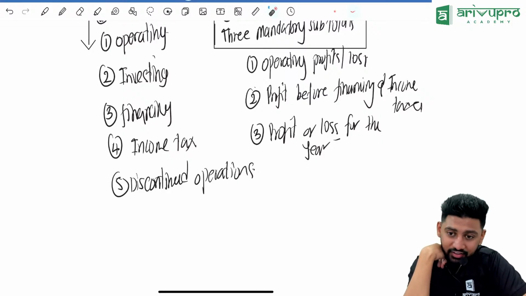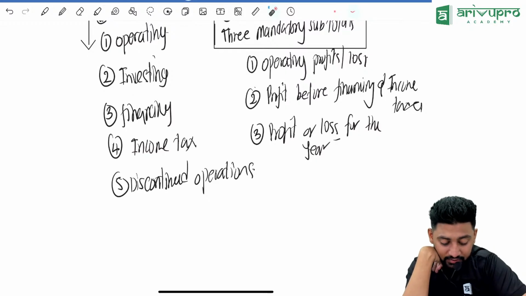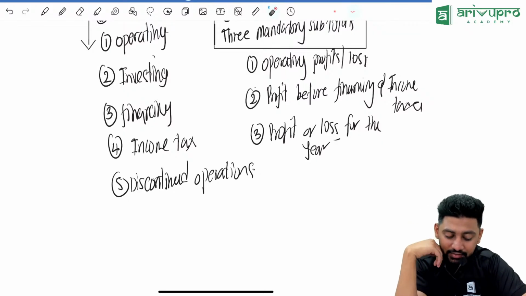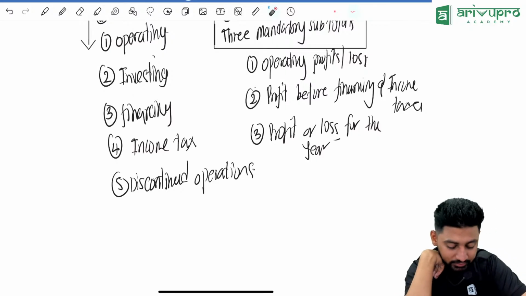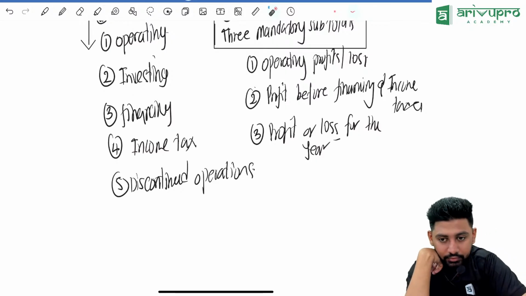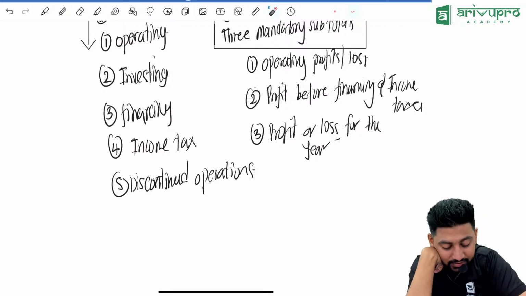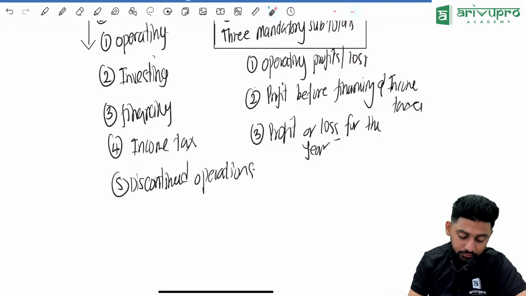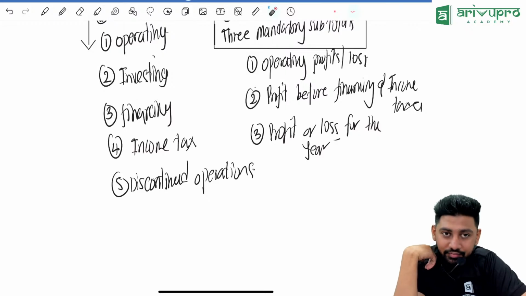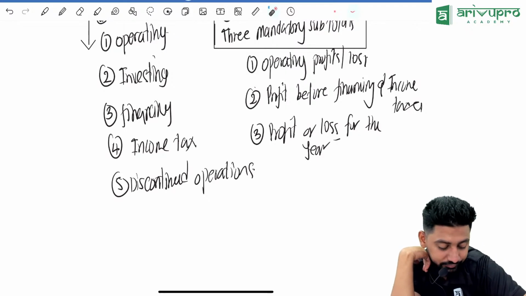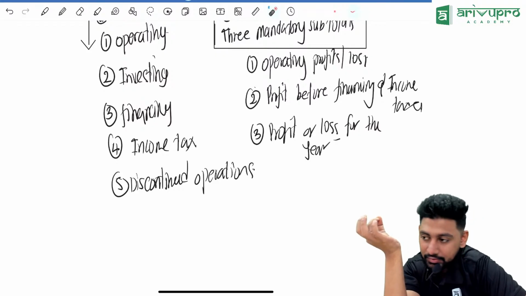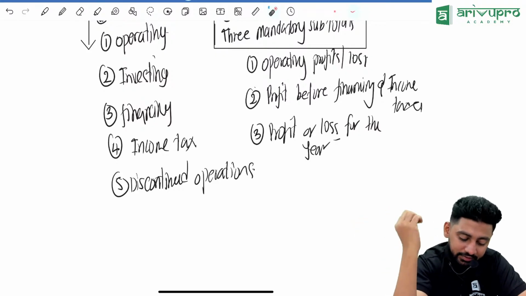Say IFRS 18 requires you to aggregate items with shared characteristics and disaggregate those items that do not share characteristics.